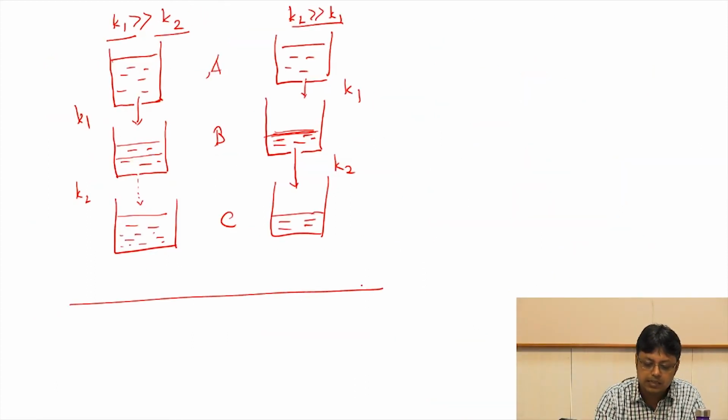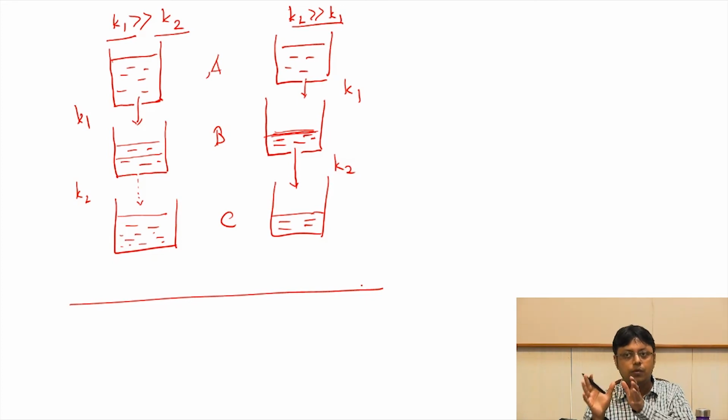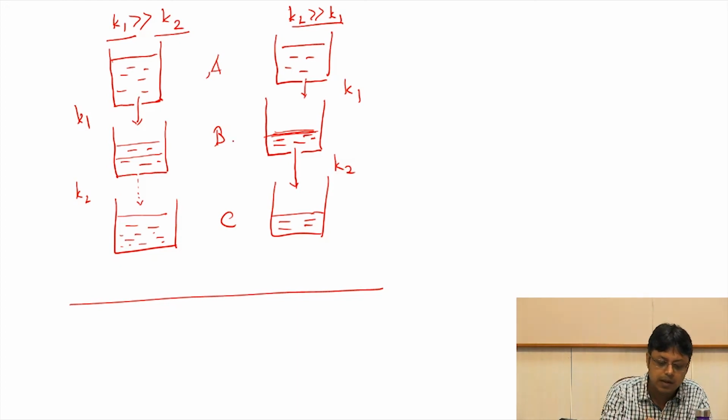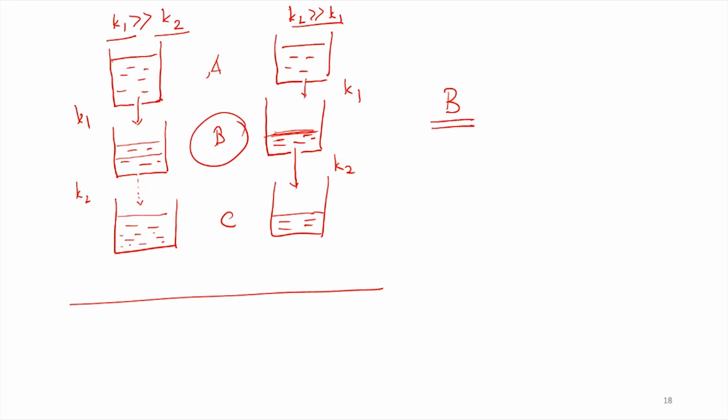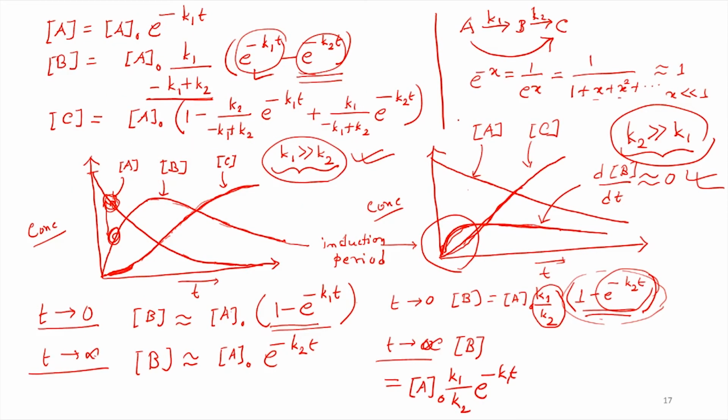So this is a nice analogy you can think of for a consecutive reaction: water is being transferred from one bucket to the other bucket and eventually to C. Eventually all the water will be transferred from A to C, but through an intermediate bucket, which is the B bucket. So B is an intermediate, and in many chemical and biological reactions, these intermediates have to be studied to understand the reaction mechanism.